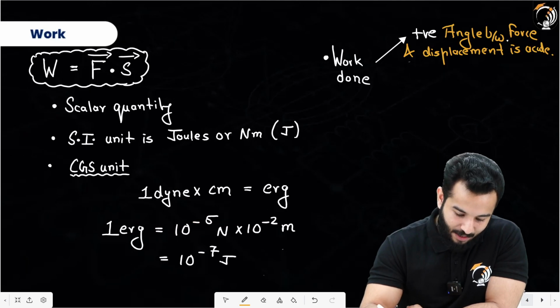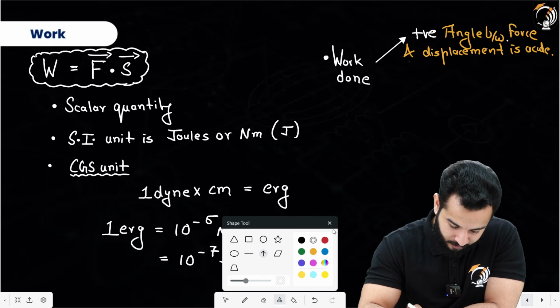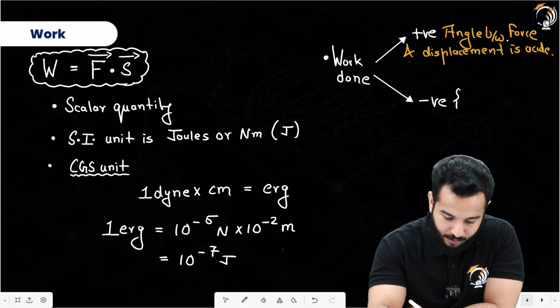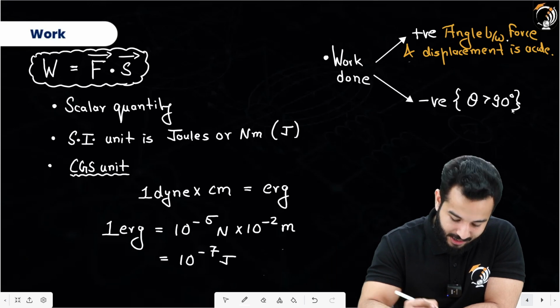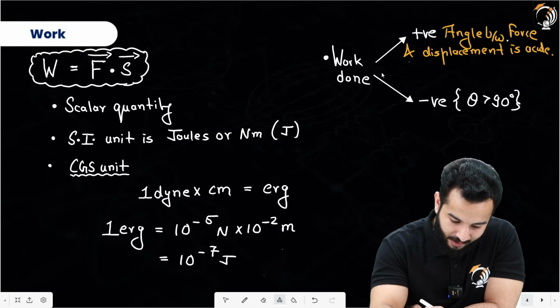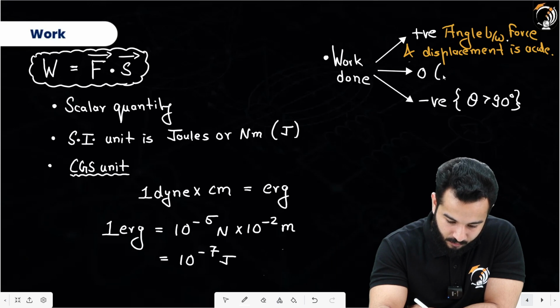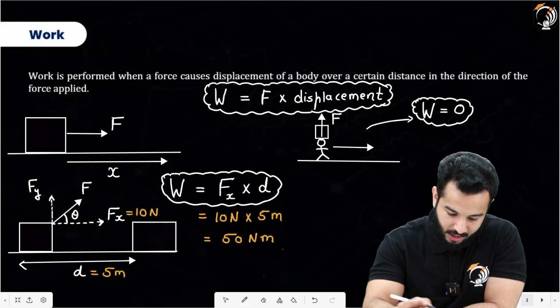If this angle becomes obtuse, then the work done is going to be negative. That means when the angle between the force and the displacement is greater than 90 degrees. And if it is equal to 90 degrees, that means we are talking about zero work done, which I just explained to you with an example.